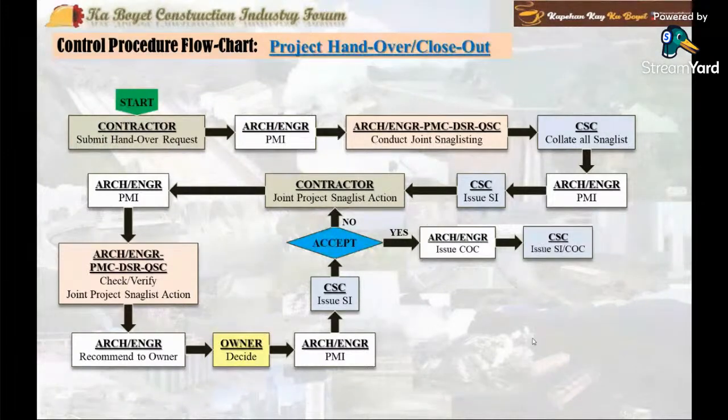Now, upon receipt from the project architect engineer of the owner signed COC, the consultant formally transmits this to the contractor to be signed, and the output document is a formal transmittal attaching the owner signed COC for signature of the contractor authorized signatory.